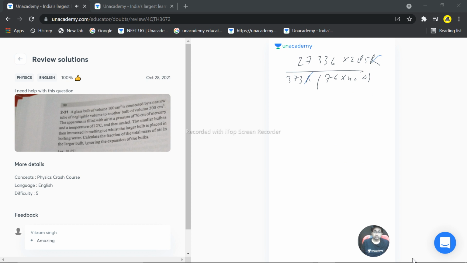Basically 76 times 400 multiplied by 373 is 11339200. And multiplying the upper part, 27336 multiplied by 285 is 7790760.